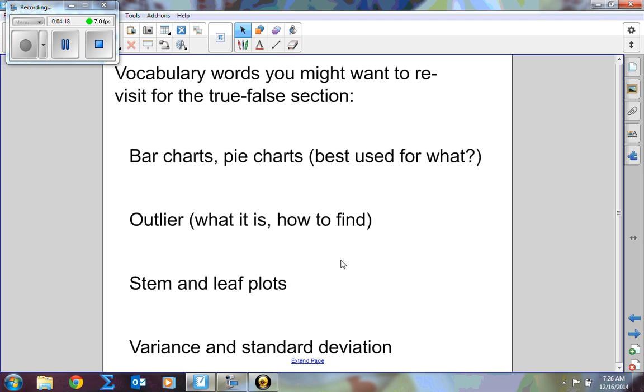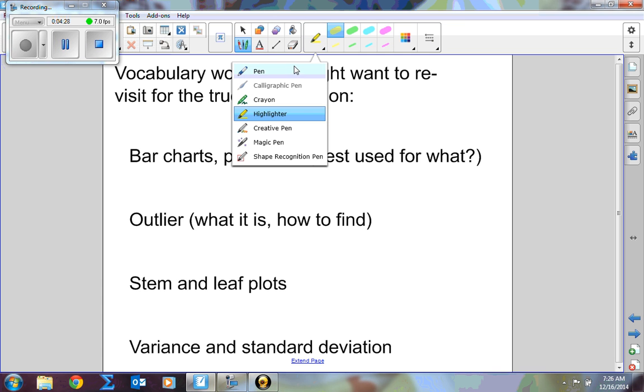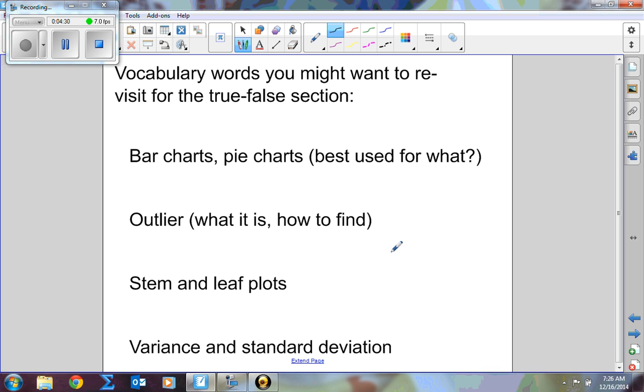Look at variance and standard deviation. Remember, variance is sigma squared or s squared. Let's see if we can get a pen. So this is variance. This is standard deviation. So we can see that variance, or the square root of variance, is standard deviation.